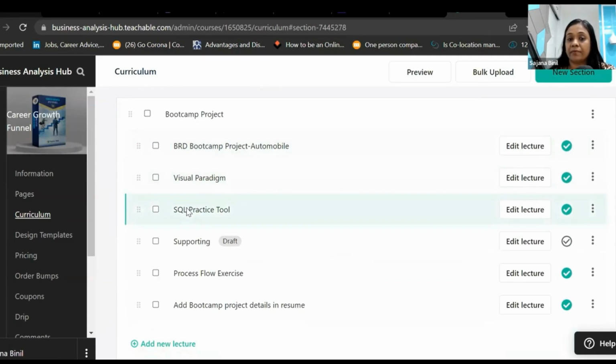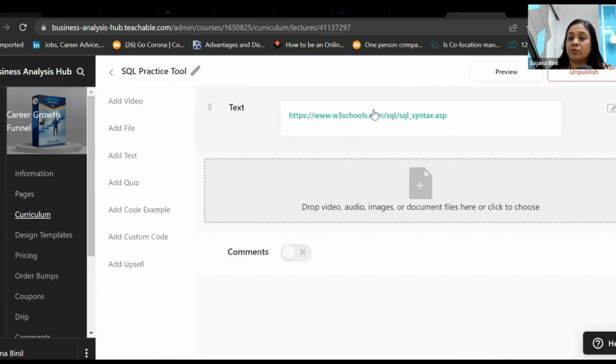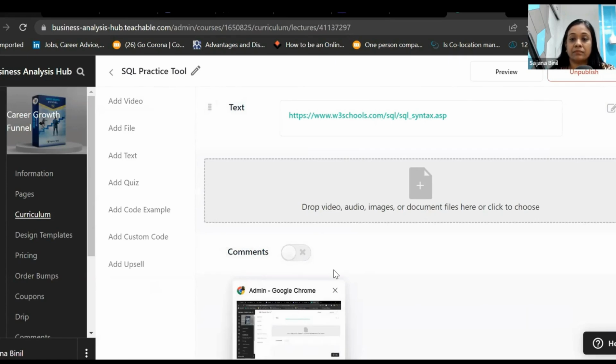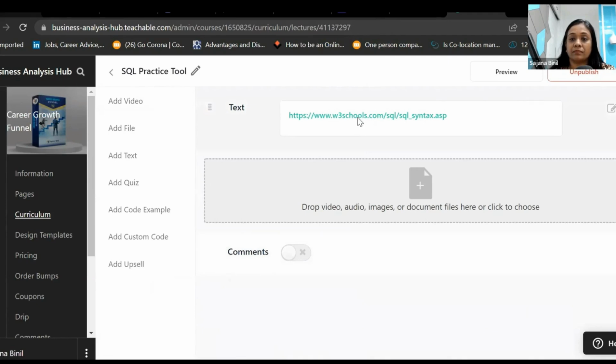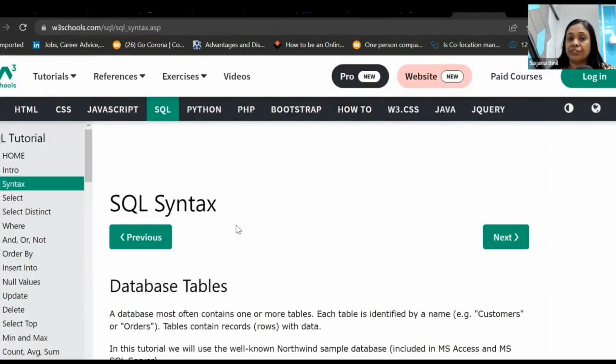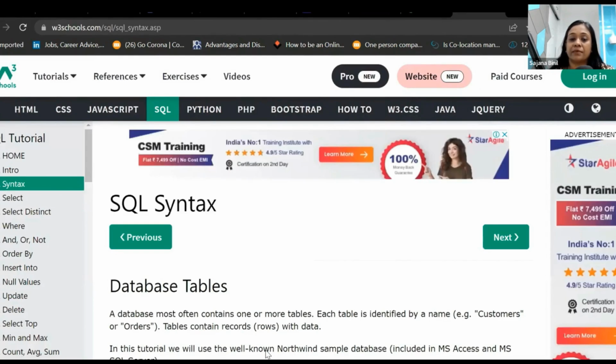Just click on the SQL practice tool and it will give you a URL. Click on the URL and you will be with me. When you have reached here, just type reached in the chat box. Then we'll do it together.